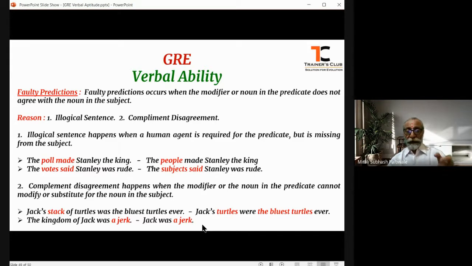Votes should be connected to a human, which becomes the voter. The subject or citizen of that nation is the voter. So we can make it: the subjects said Stanley was rude.